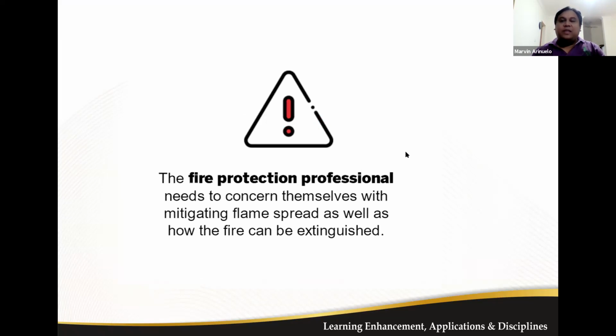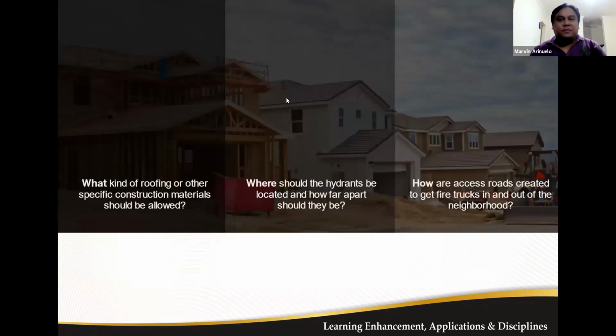However, when thinking about flame spread in the built environment, the fire protection professional needs to concern themselves with mitigating or minimizing flame spread, as well as how the fire can be extinguished before it spreads further. Imagine that a builder is going to build 20 homes.